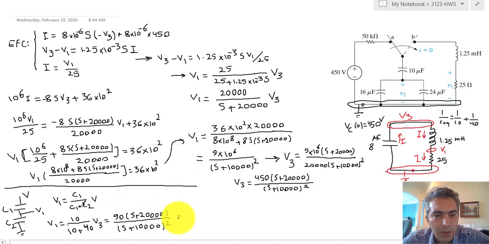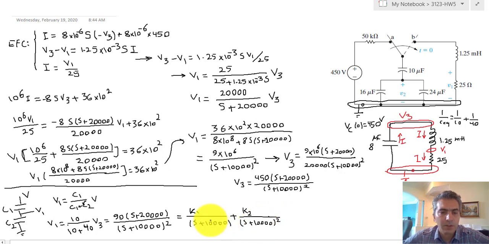So this would be equal to K1 over s plus 10,000 plus K2 over s plus 10,000 to the power of 2. And you calculate K1 and K2, and this becomes K1 e to the minus 10,000 t.